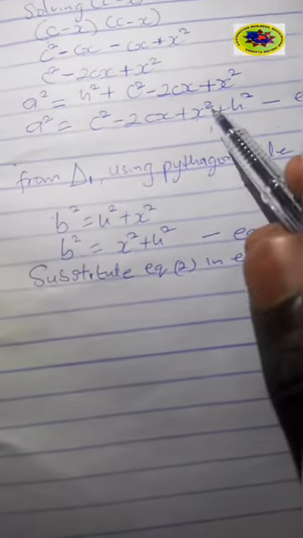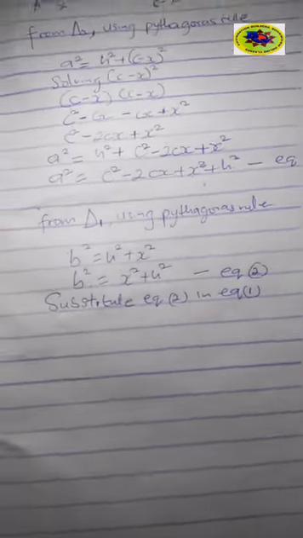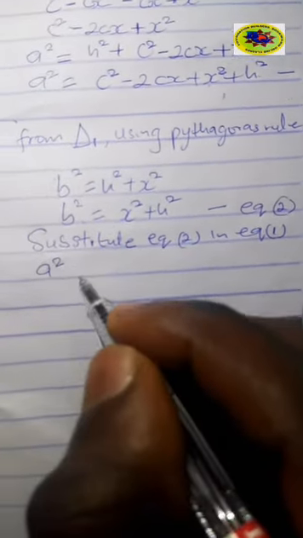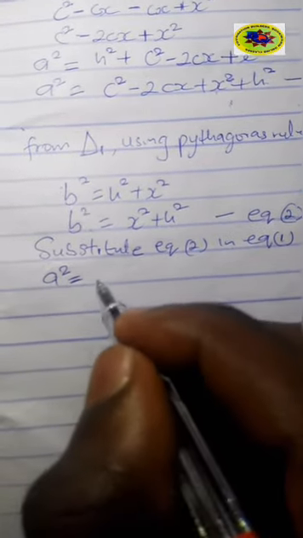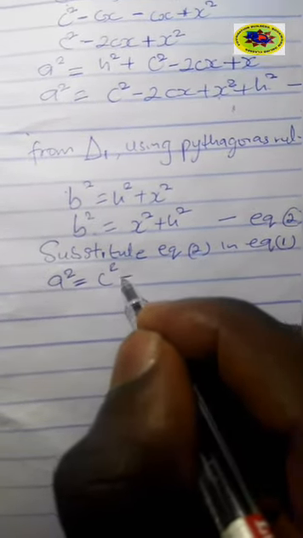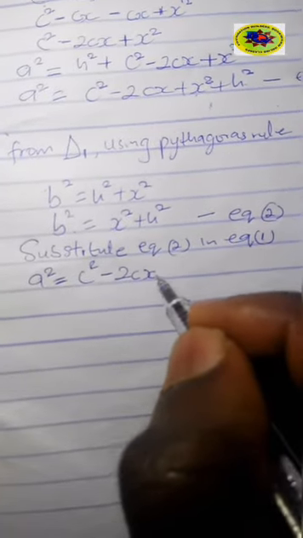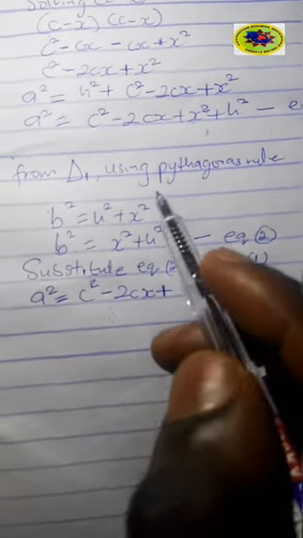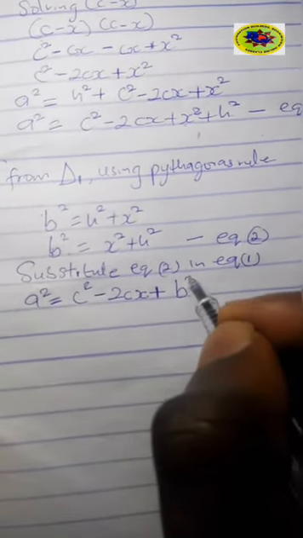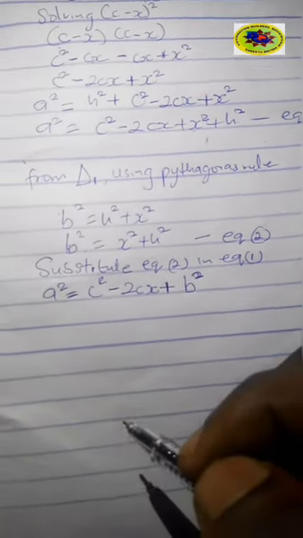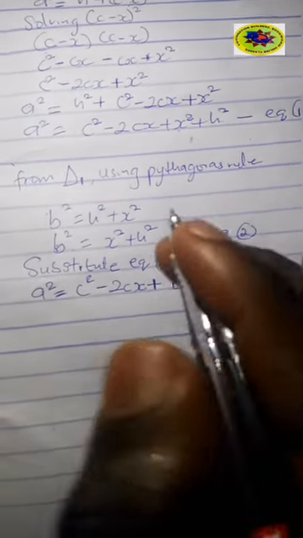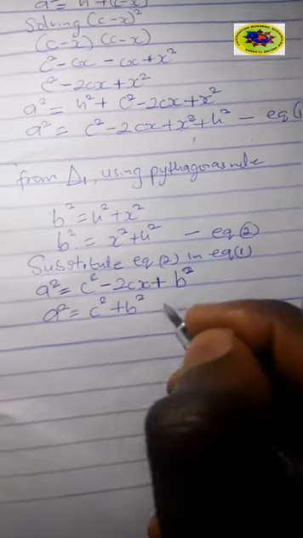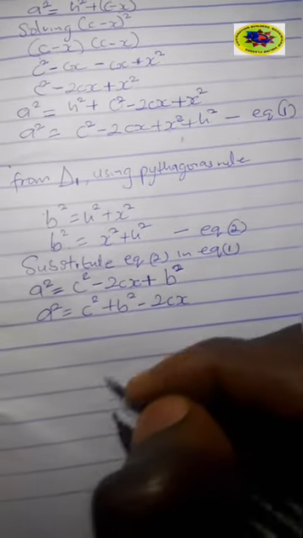That means a square is equal to c square minus 2cx plus b square. Let's carry the terms to one side. That is, a square is equal to c square plus b square minus 2cx.